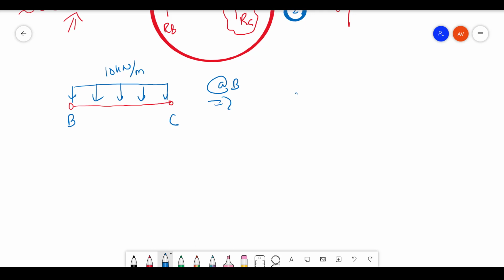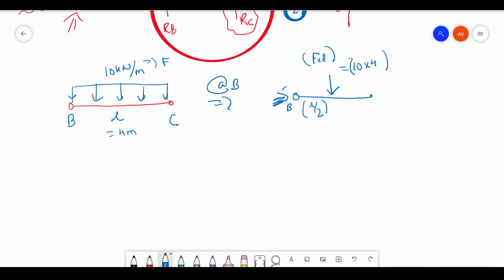You have some force acting at L by 2, and that force is going to be F into L. If this is your F and this is your L, it is 10 into 4 meter. So this is how you equivalently represent it when you consider point B.